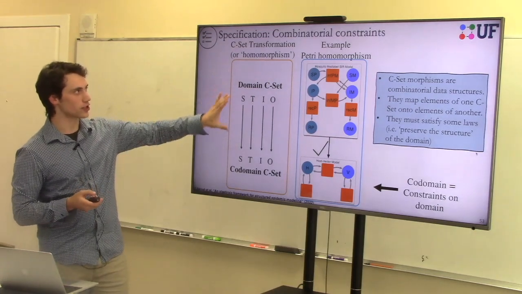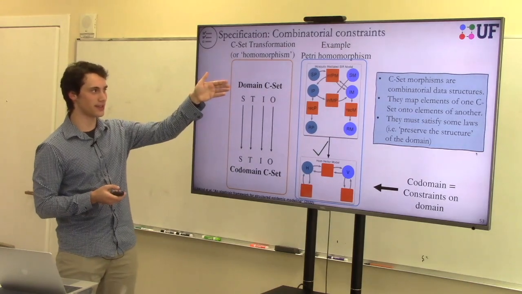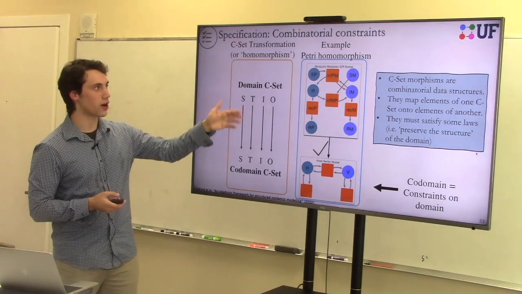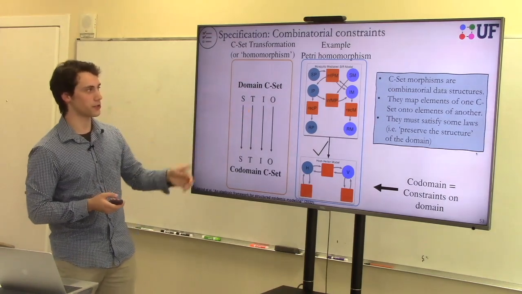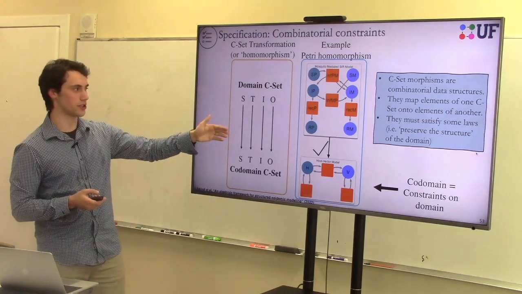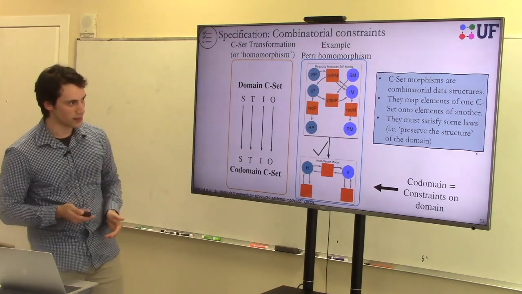But the key structure of one of those homomorphisms is that you have a domain cset and you have a codomain cset. And for each of the parts of the petri net, which is the states, transitions, inputs, and outputs, you have to give a function that maps the states of one to the states of the other, and so on.